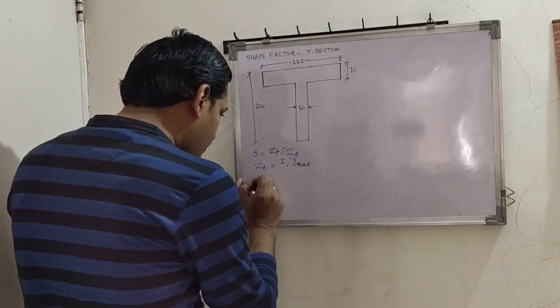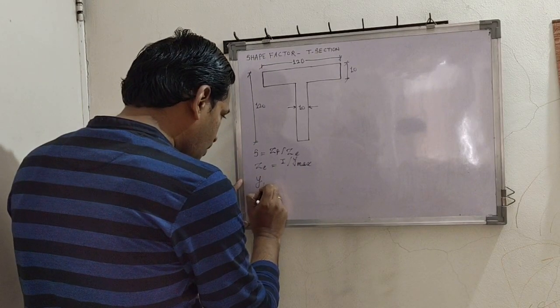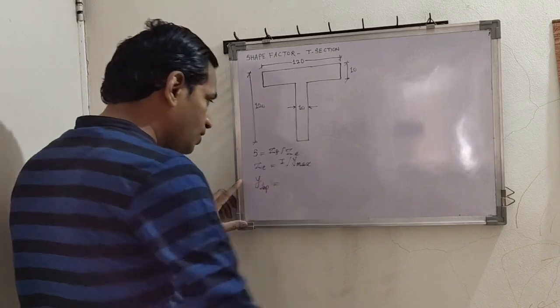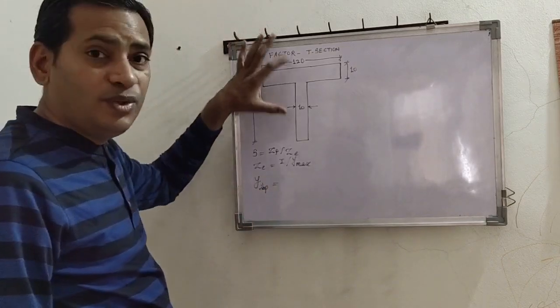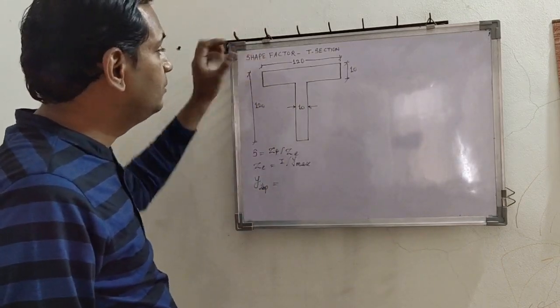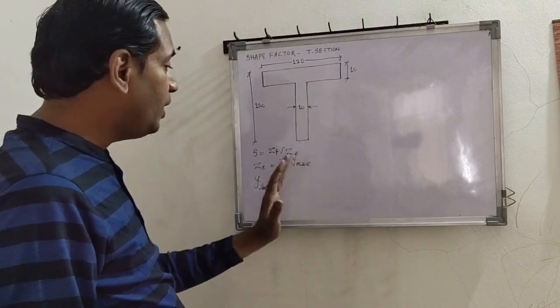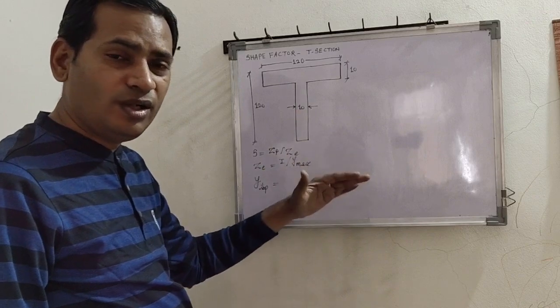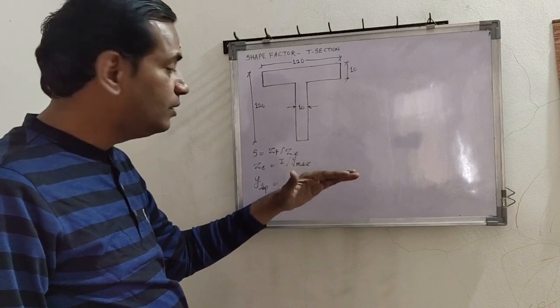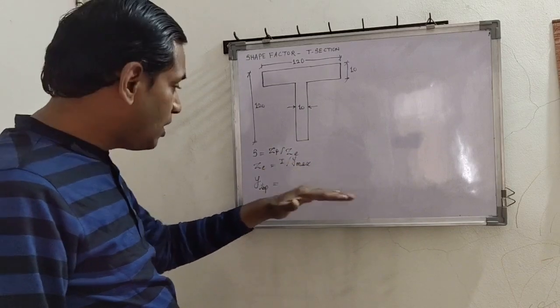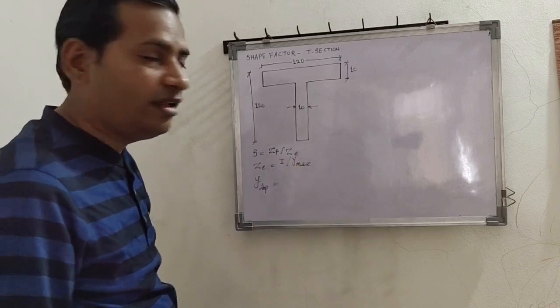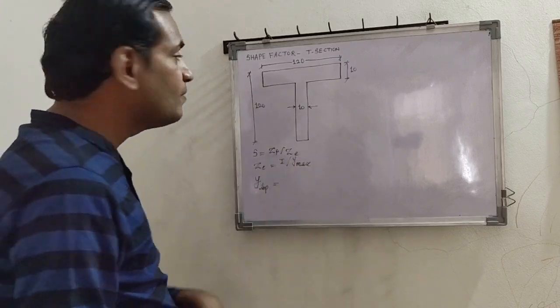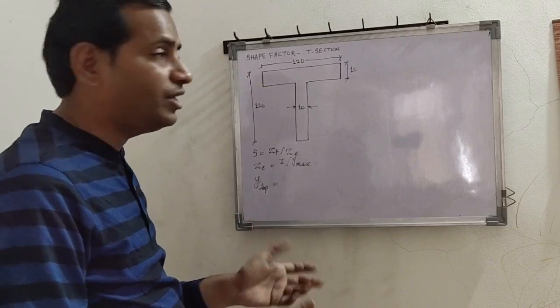So y top is equal to, again there are two areas, A1 and this is A2. So A1y1 plus A2y2 upon A1 plus A2. This we already know, so I am not going to write anything here in detail. I directly write the values, so hopefully you will understand.